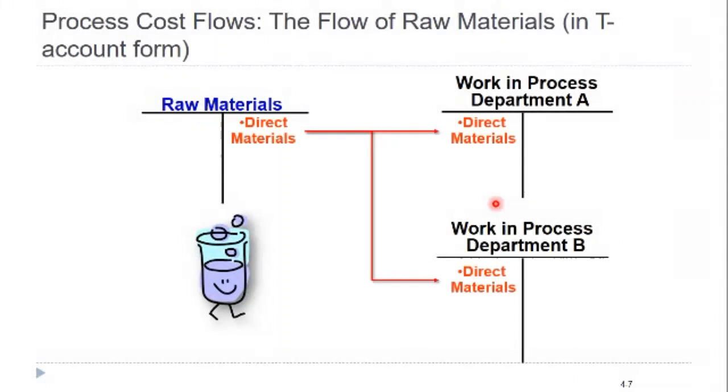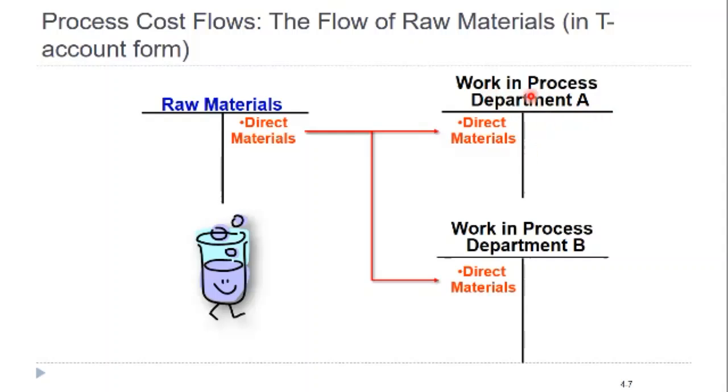Right, we're going to look at the double entry. When you purchase raw material, it goes in here on the debit side. And when you allocate them to the factory, we credit raw materials and we debit whatever process it goes to. In process costing, you will have more than one process.